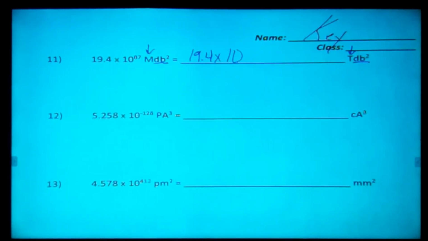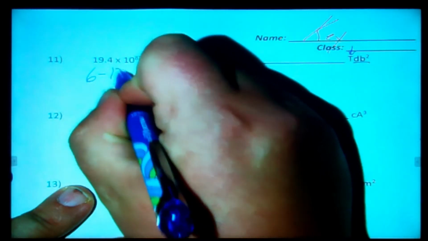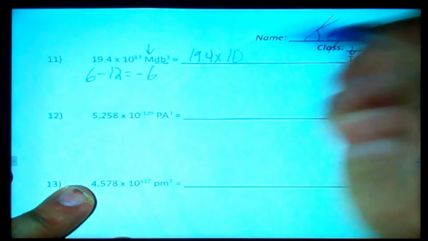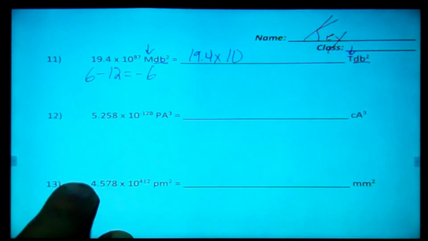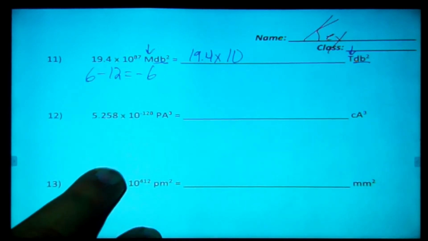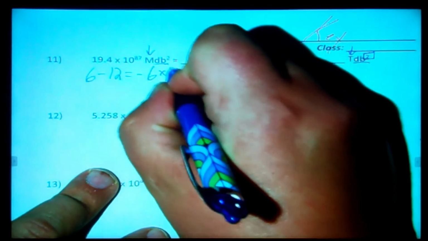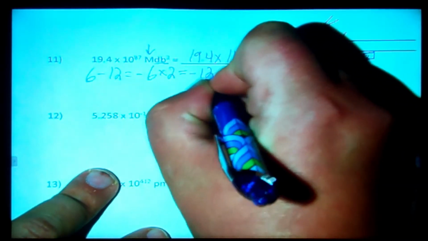Step 2 is find the difference, which is what we're going to do now. So mega is 10 to the 6, so 6 minus tera, which is 10 to the 12th. So 6 minus 12 equals negative 6. Now you multiply by any exponent that's on the unit. In this case, it's squared. So we multiply by 2, which gives us negative 12.